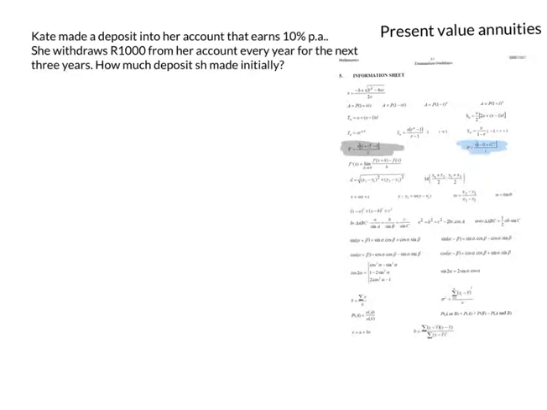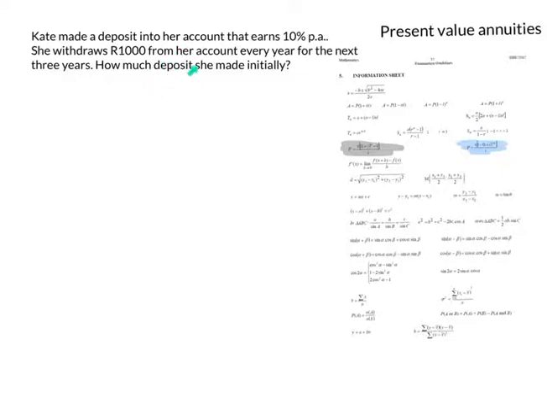Let's look at this example question here. Kate made a deposit into her account that earns 10% per annum. She withdraws 1,000 rands from her account every year for the next 3 years. How much deposit did she make initially? Now, when I look at the question, there is a deposit, alright?